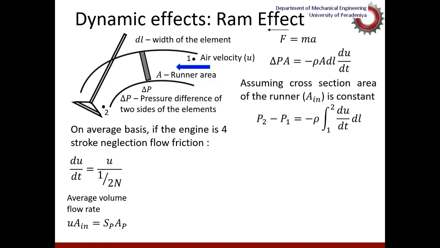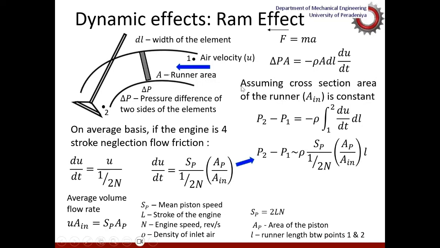So if the cylinder on average goes at mean piston speed, and AP is the cross-section area of the cylinder, then this is the volume flow rate to the system. If we assume rho is constant, then du over dt can be represented using this equation. SP is the mean piston speed, 1/2 N, where N is the speed of the engine in revolutions a second, AP is the piston area, and AN is the area of the intake system.